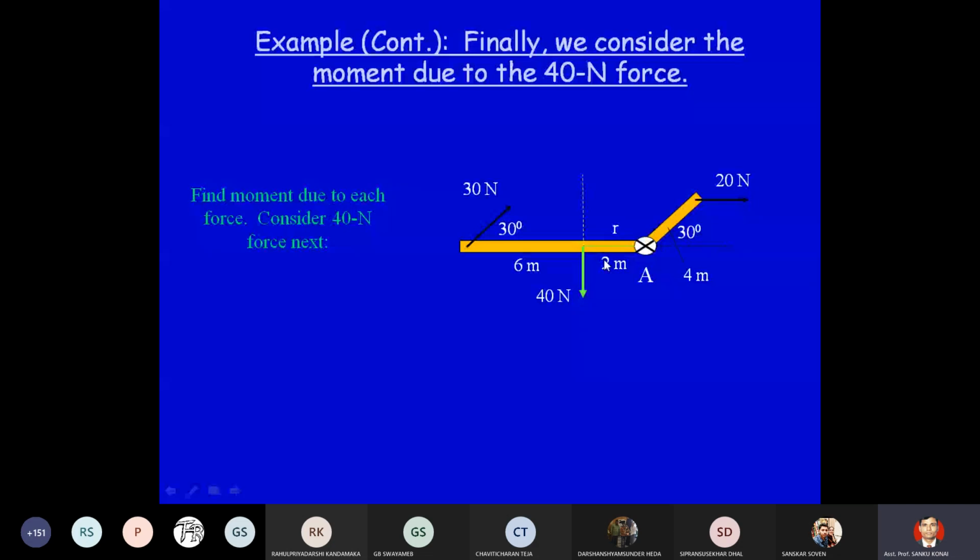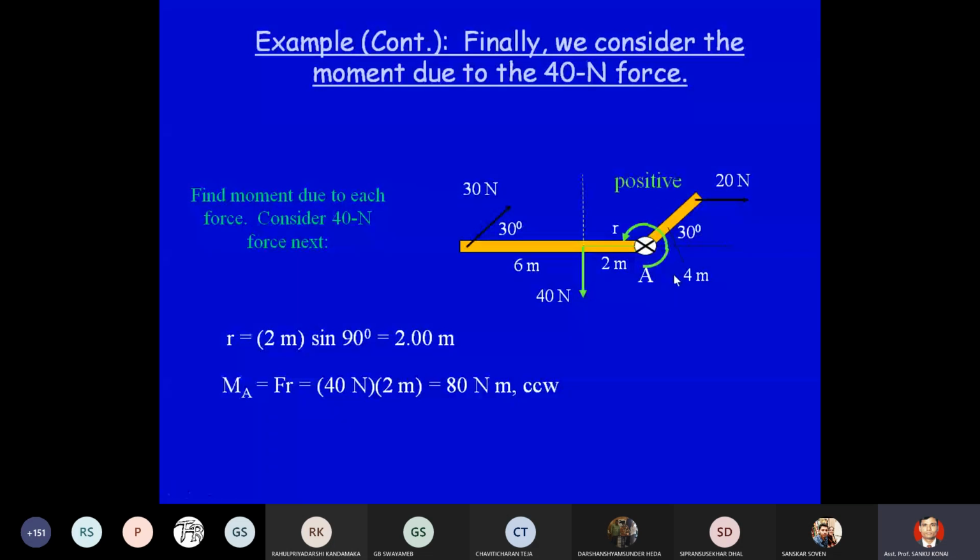And what will be the direction of the moment? You see this is the force and this is the moment center. So it will be creating anti-clockwise or counter-clockwise rotation. So we can say this moment is positive. Okay, understood?